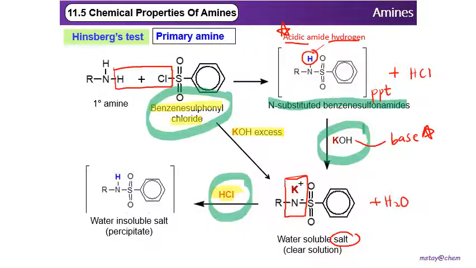Then we have the salt, which will react with the HCl to produce the insoluble salt, which is considered as a precipitate. You will notice this structure is similar to this one, so the K plus is replaced back with the acidic amide hydrogen.